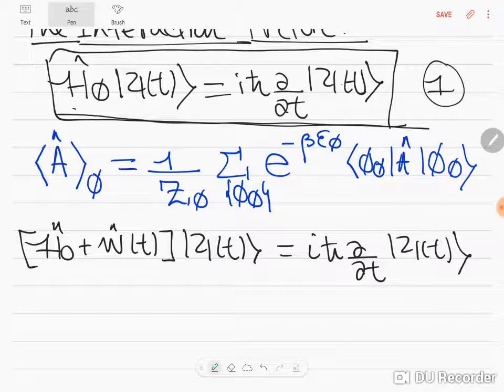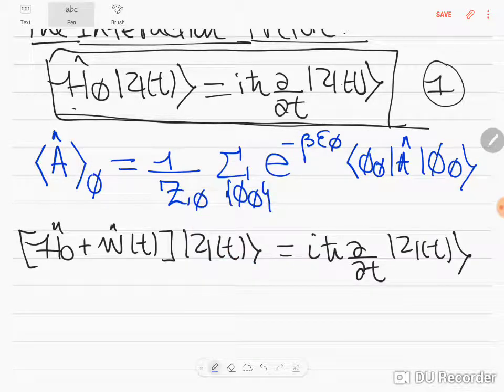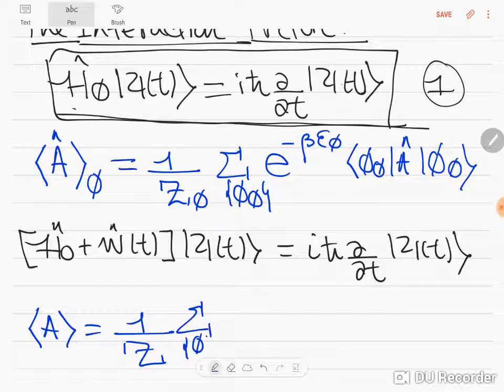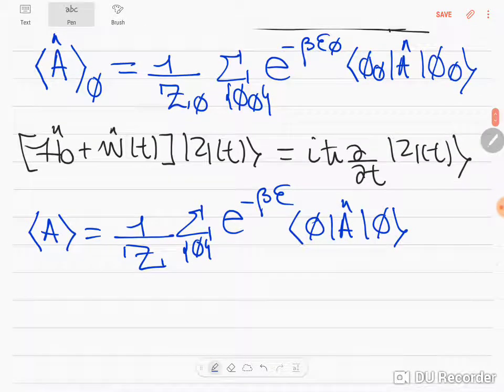And this quantum system, under the effect of the perturbation, will have an associated operator A whose expectation value is given by 1 over Z. Note that we don't use the subindex 0 now: summation over a set of eigenstates phi, e to the minus beta E, bra phi, operator A, ket phi. Okay, so this is what we have.